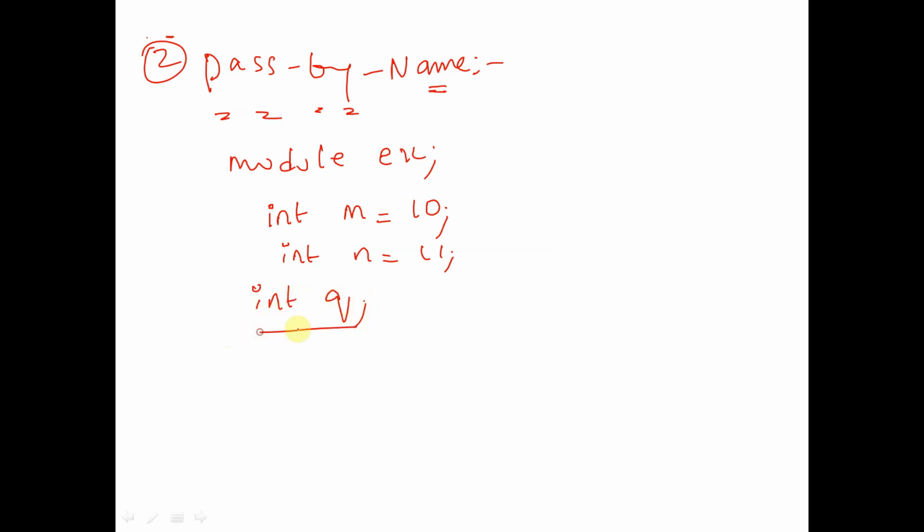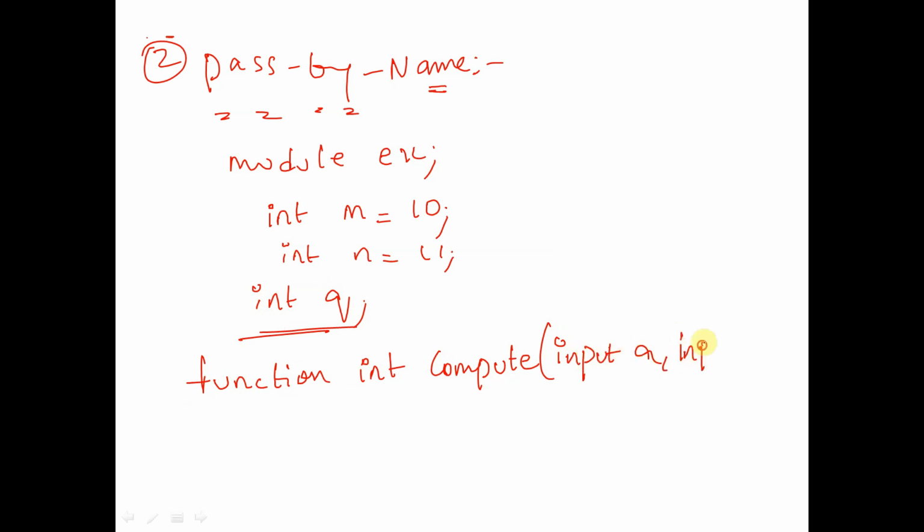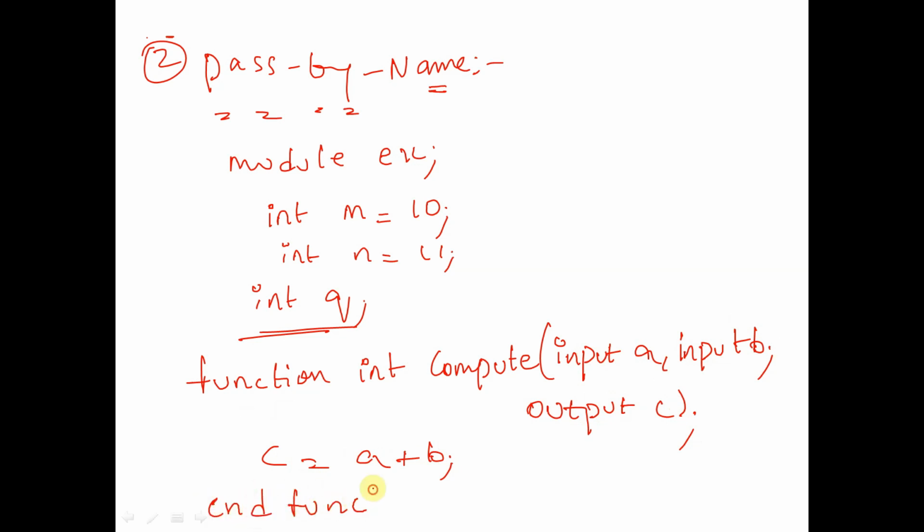So I have taken three variables, and I'm declaring a function of return type int. My function name is compute, my input arguments are a and b, and my output argument is c, and c is equal to a plus b. It's a simple function which adds two numbers, and ending the function.